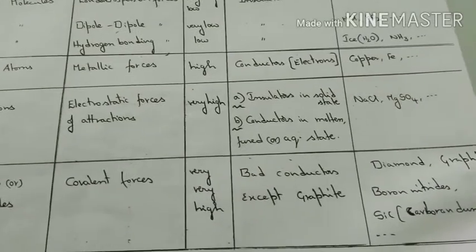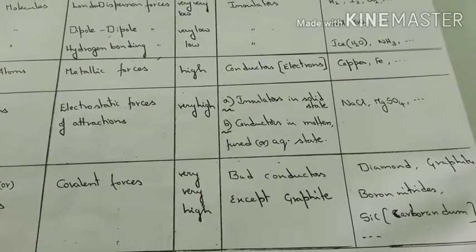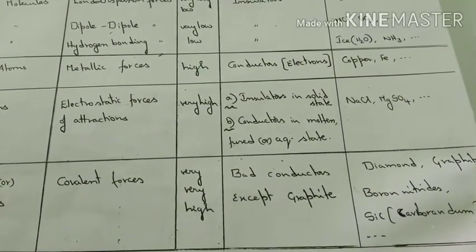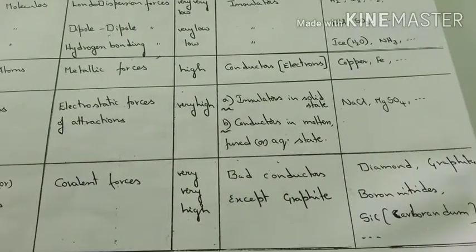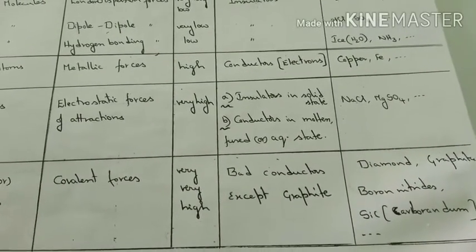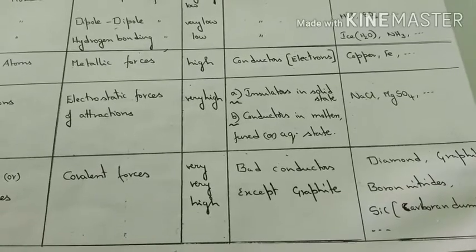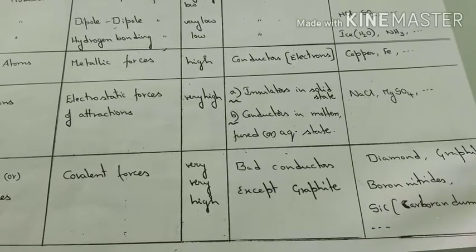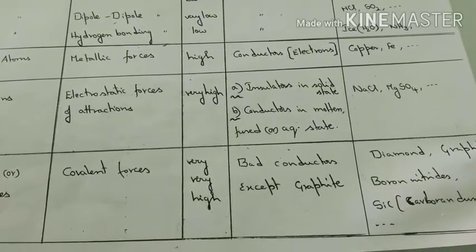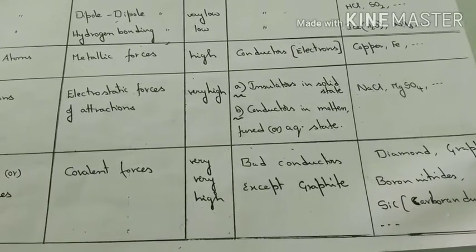Examples are diamond, graphite, boron nitride, silicon carbide, that is also called carborundum. So these are the examples that come under covalent solids. These are about types of crystalline solids.